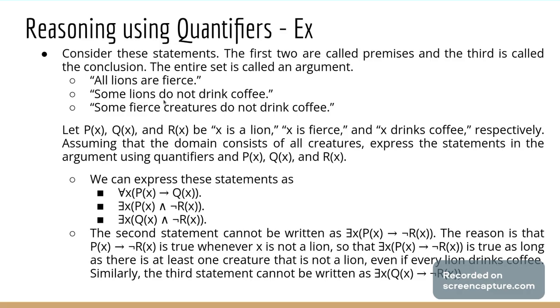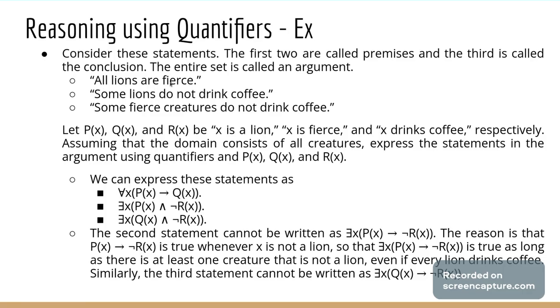Okay, the statement is do not drink, but some lions do not drink coffee means that some lions drink coffee also, right? So X drinks coffee is R of X. So now we have three predicates. P of X is X is a lion, Q of X is X is fierce, and R of X is X drinks coffee.